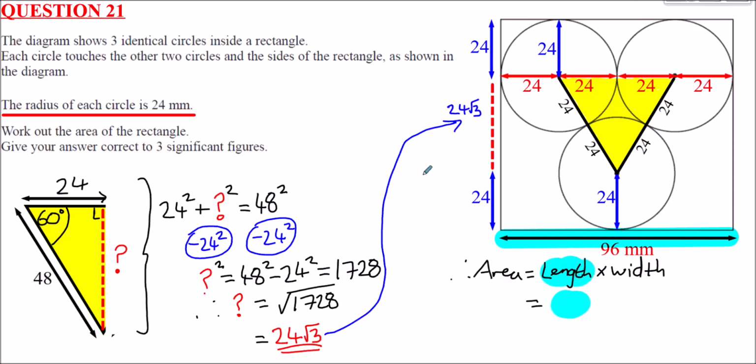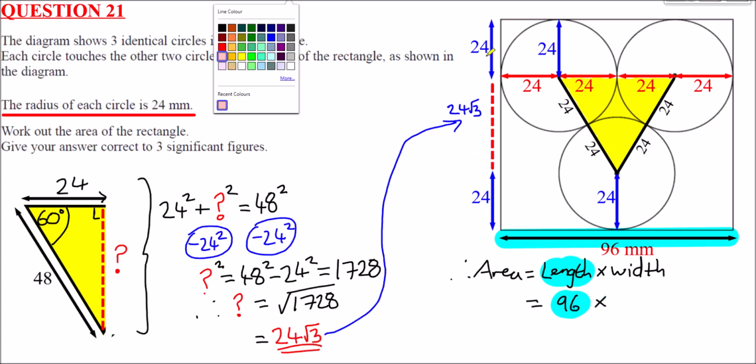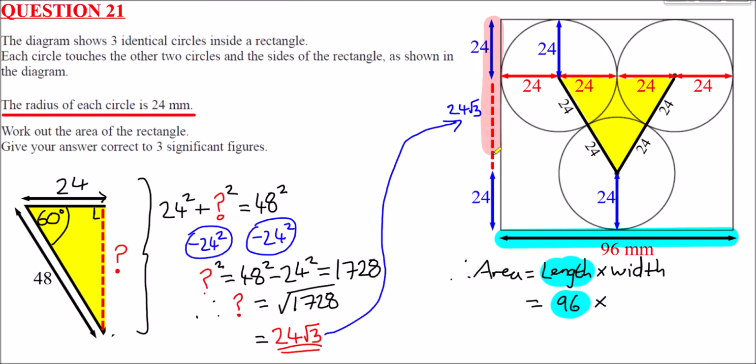And the width, or the height of it, is going to be the sum of all these numbers here added together into 1. So the total width, and put this all in brackets because we don't know what this is as a single value, so it's 24 plus 24 plus this final bit we worked out was 24 root 3.